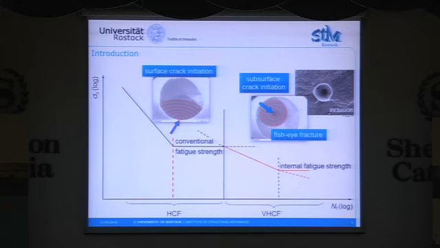defined fatigue strength, the conventional fatigue strength, which was defined by Wöhler, is not very valid in the very high cycle fatigue regime. It can be, as shown here, like a duplex SN curve or double SN curve, as it is called, which is combined with a switch of the initiation site from the surface to the subsurface initiation, starting from an inclusion with a typical fisheye fracture.